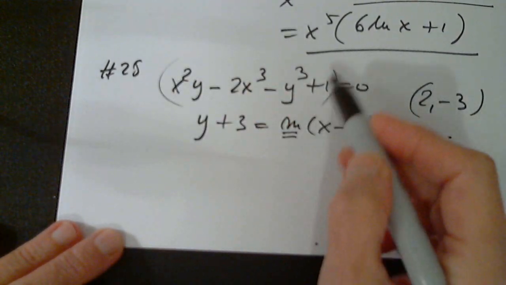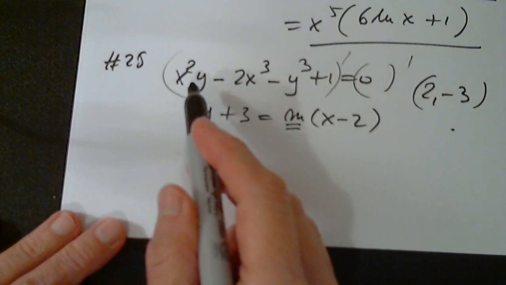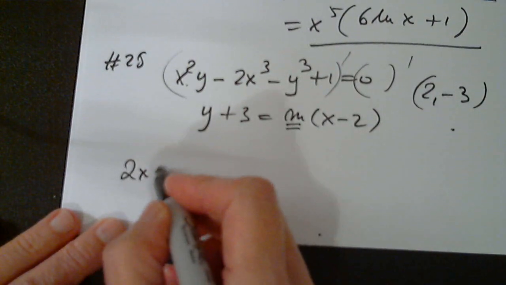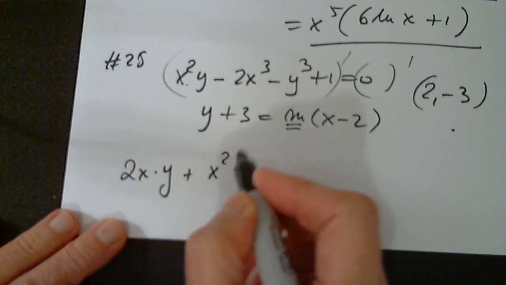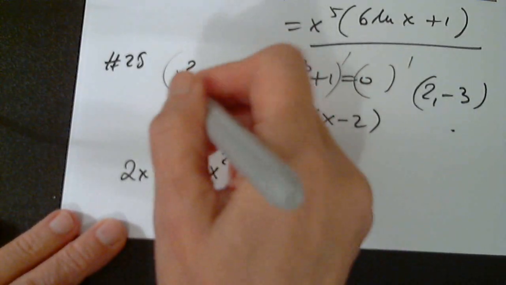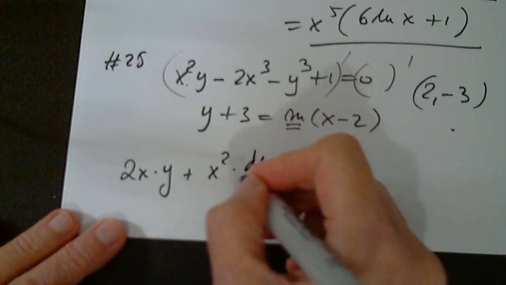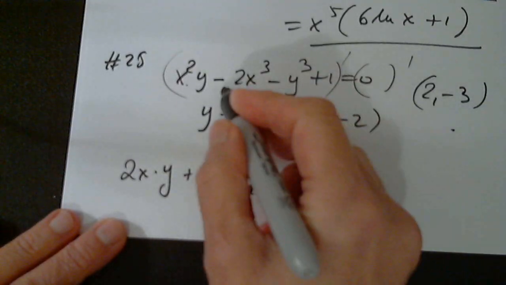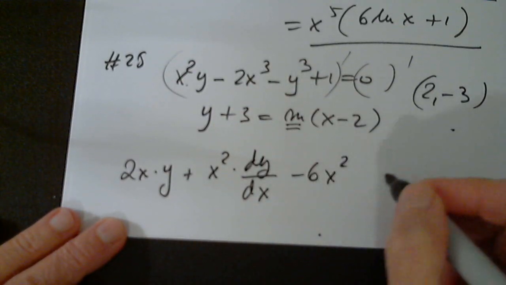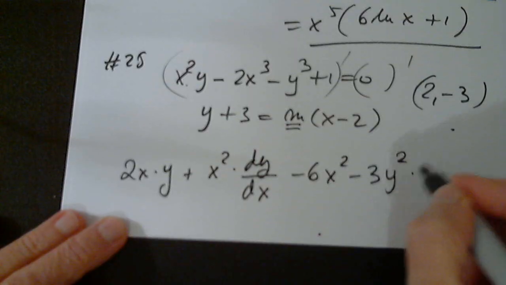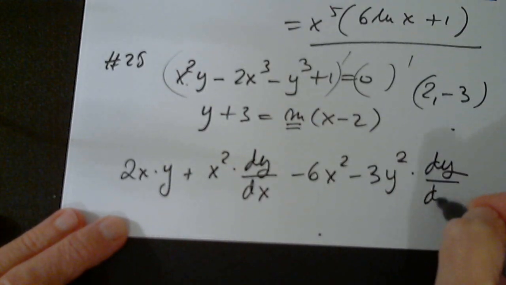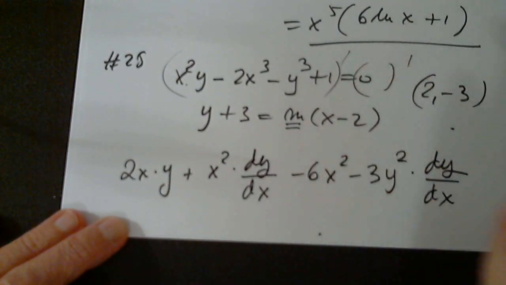So I will differentiate implicitly. First function prime times the second one plus the first one times the second one prime, minus 6x squared minus 3y squared times the inner function prime. This is 0, this is 0.